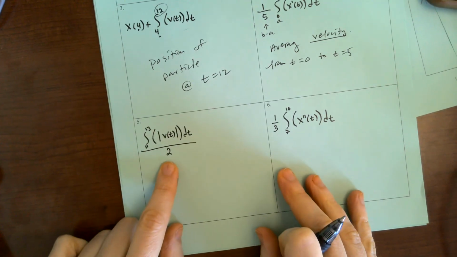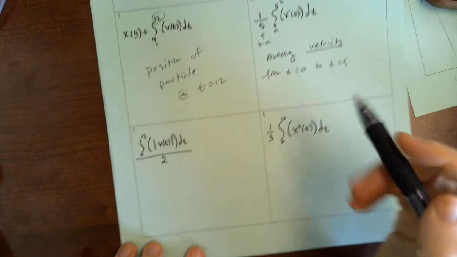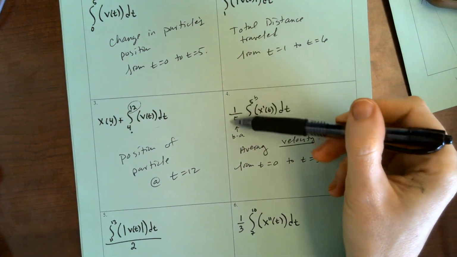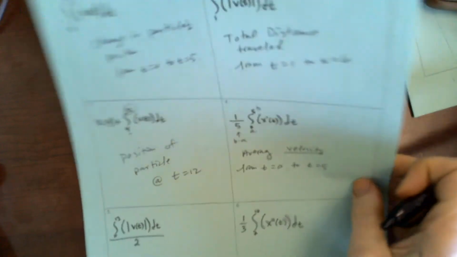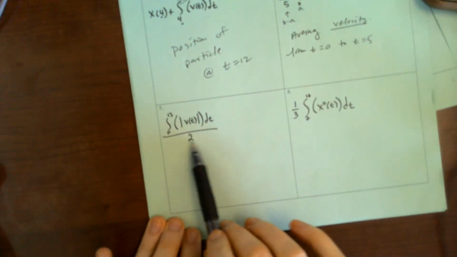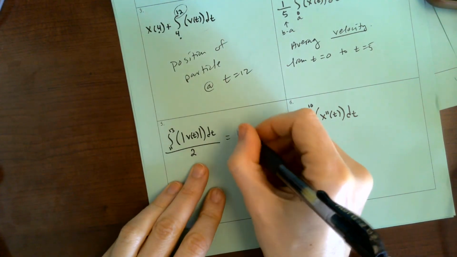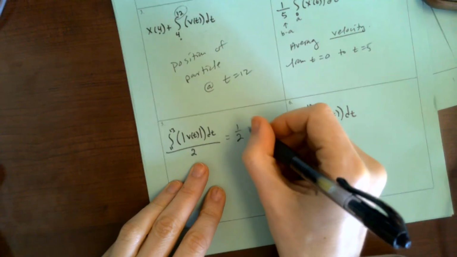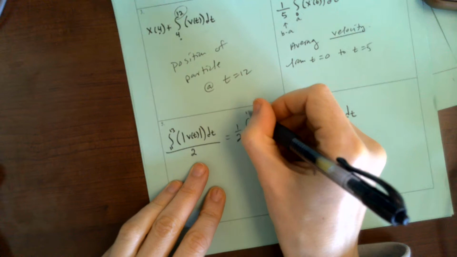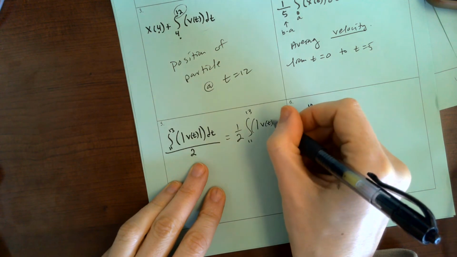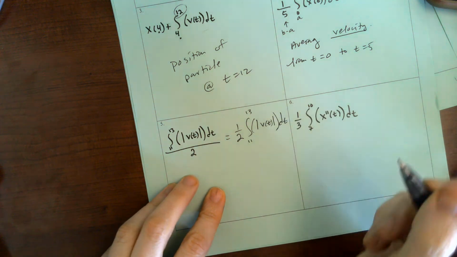All right, we just got two more. Okay, this one. This is kind of a similar situation. Instead of having a constant multiple out here that's a fraction, like 1 over something, we just have this over 2. So you could rewrite this if you wanted. You could rewrite that as 1/2, 11 to 13, the absolute value of v of t dt.